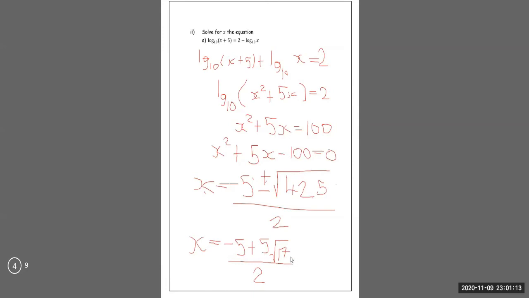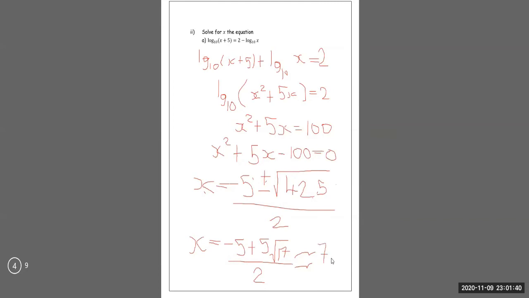Very good. So now what would this be in decimal? Negative 5 plus 5 root 17 over 2 is equal to 7.81. Very good, 7.8.